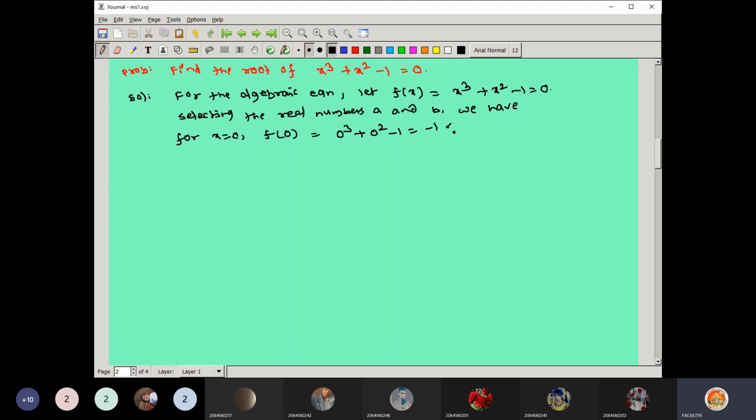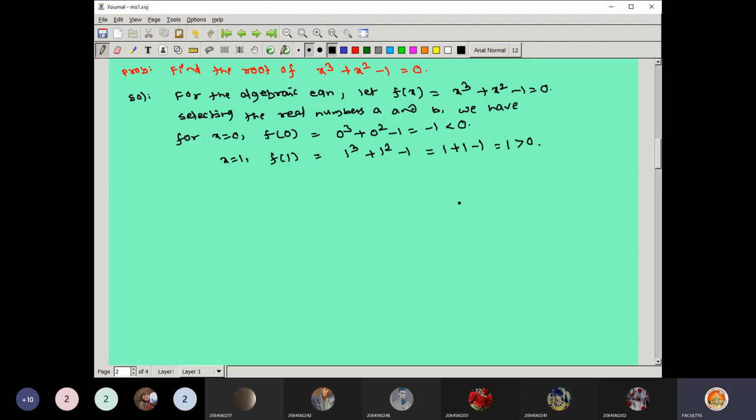It is minus 1, that is less than 0. Similarly, you go for x equal to 1, so f of 1 is equal to 1 cube plus 1 square minus 1, so 1 plus 1 minus 1. What answer are you getting? 1. Is it positive or negative? Positive.